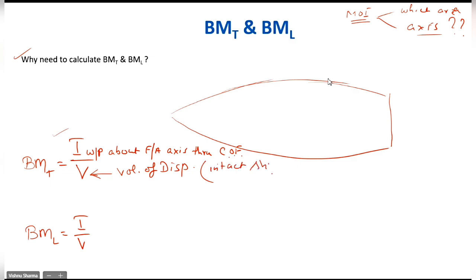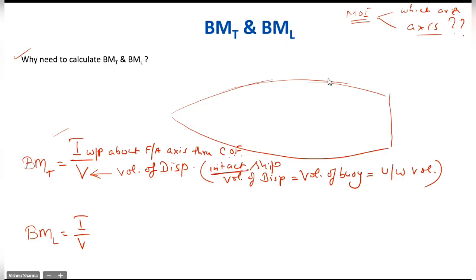In a damaged ship, the situation will be different. In an intact ship, volume of displacement, also called volume of buoyancy, they are similar terms, and they are both equal to underwater volume if the vessel is intact. If the vessel is damaged, it shall not be so.